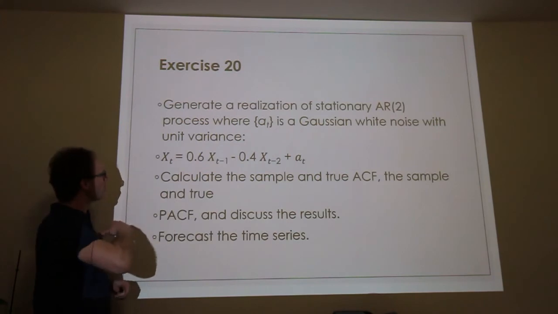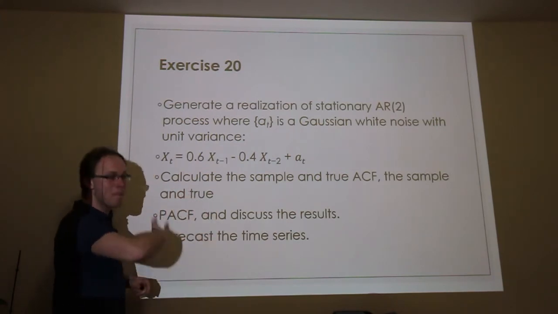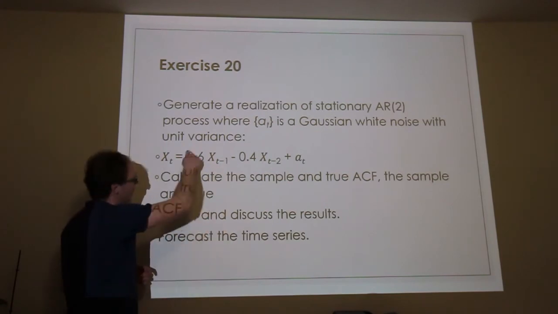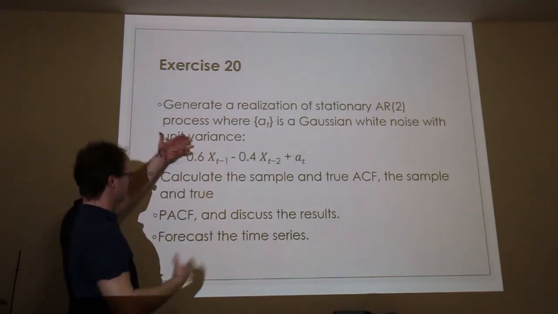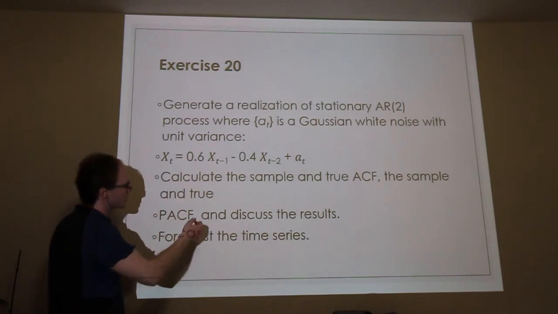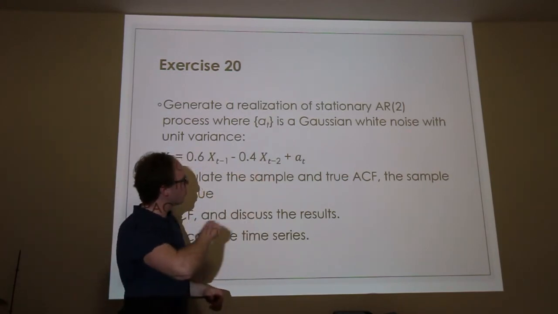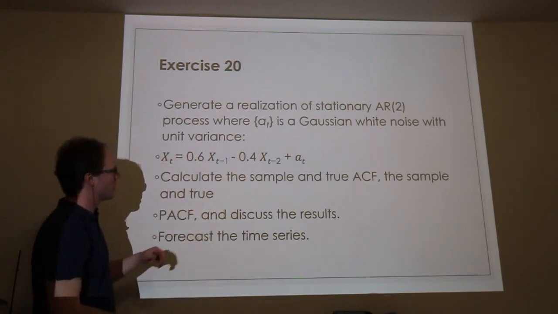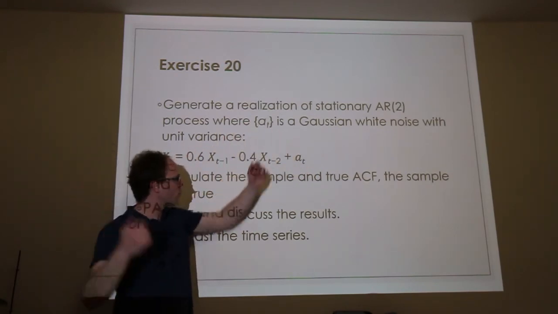So my value in time t depends on my value in time t minus 1 in some measure, and my value in time t minus 2 in some measure, plus a value of white noise.